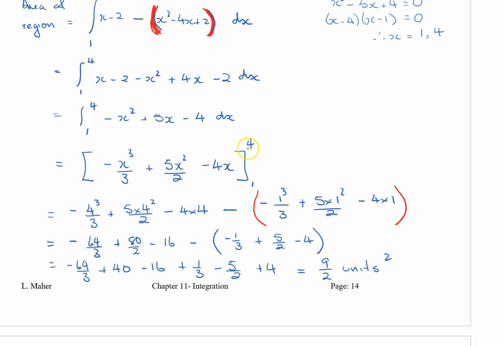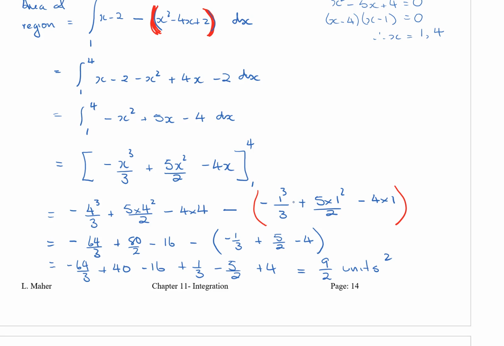Same once we come to substituting the numbers in. Substitute your 4 in. Keep track of all your signs. And again, because the fundamental theorem of calculus is sub in the first value and subtract the substitution of the second value, this subtracting more than one thing will again require brackets.